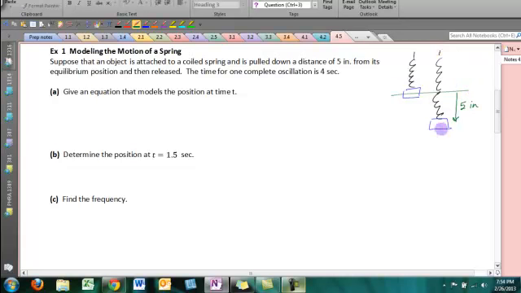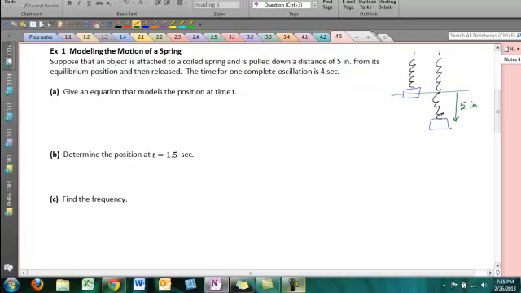So we're pulling it down to 5 inches, and then we're going to release it. The time it takes for one complete oscillation, so it would go up and down, would be 4 seconds. So we're going to figure out how to solve this type of equation.